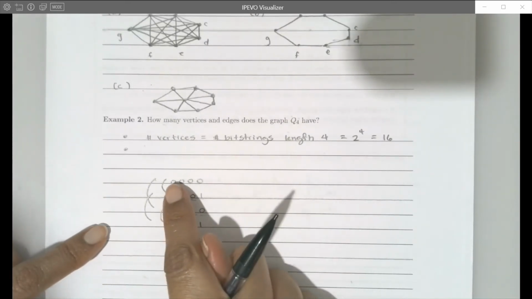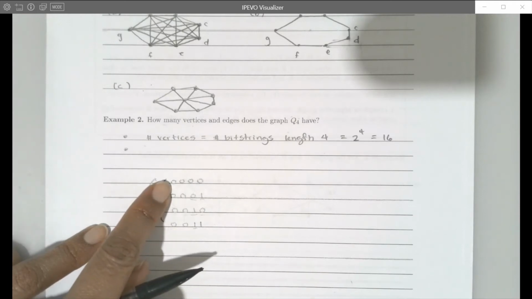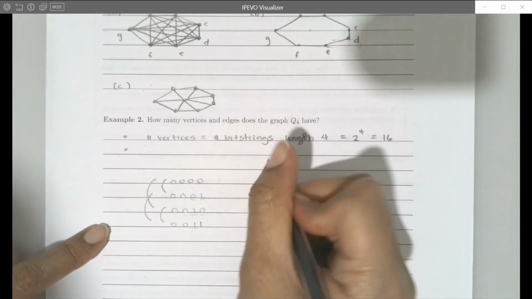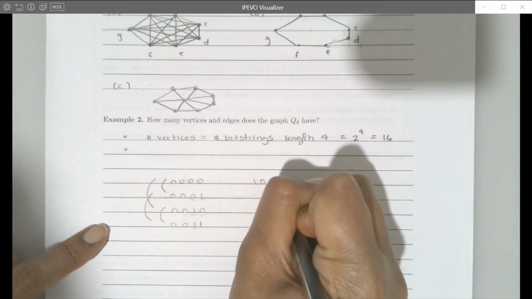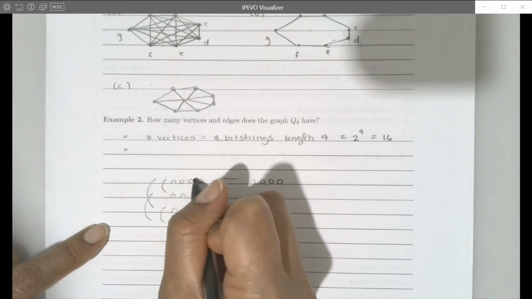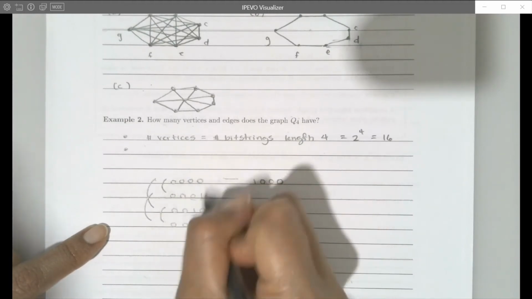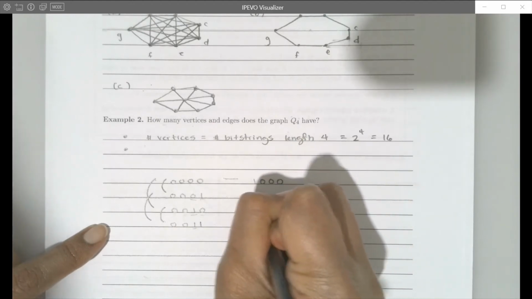Now, if I go ahead and replace the 1st bit with a 1, but keep the rest of the bits the same, then I'm going to form edges between these bit strings on the left-hand side and the new bit strings that we create on the right-hand side. So let's go ahead and do that.